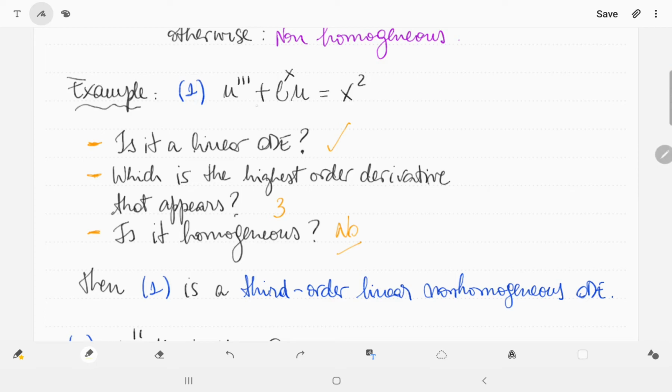Yes, we already checked that we have some derivative of the function that we don't know, u, this coefficient, and this function g. And what is the order of this equation? Well, the highest order is 3, so 3. And it's not homogeneous because our function g is not identically 0. So this is a third order linear non-homogeneous ODE.